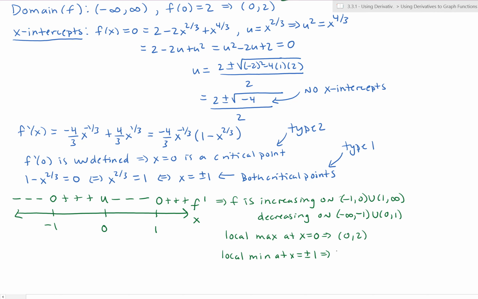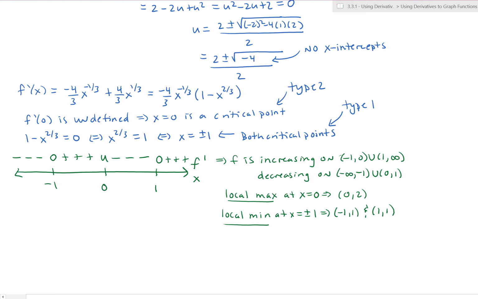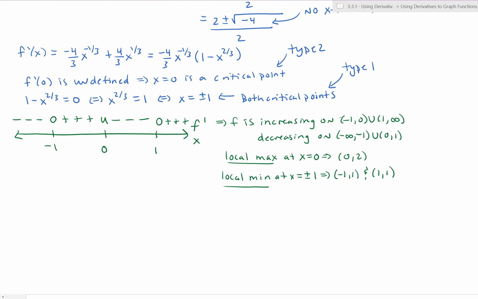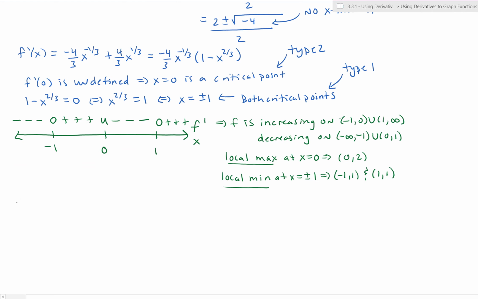So the locations of (-1, 1) and (1, 1) are going to be local mins for this function. So we pieced together a rather good amount of information so far, but yet we still have to deal with the whole concavity situation. So let's go ahead and find f double prime of x.